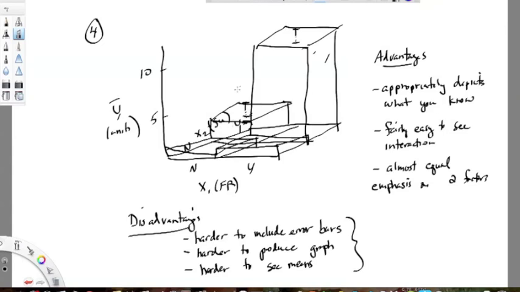But for some straightforward results where you want to take advantage of these advantages, it's actually not a bad way to go. So what I would say as a conclusion to all of this is to try to be flexible in the way you illustrate your two-way results.